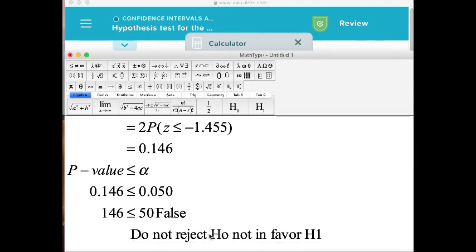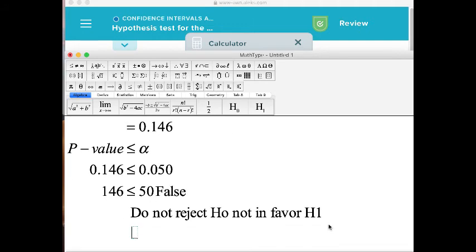I'm not going to reject that. So do not reject they're equal. So I'm not in favor that there's a difference. So our conclusion, which would be step 5, by the way, H1 was the claim. Then we're saying we're not in favor of the claim. And the claim was that they were different, that the proportions were different.